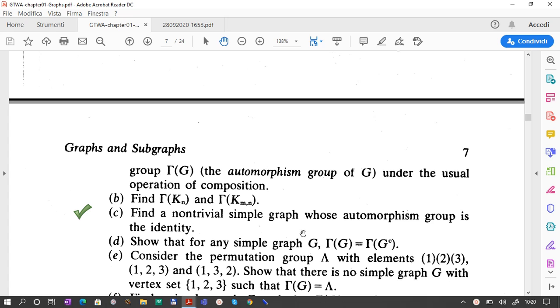Okay, so find the non-trivial. Non-trivial means at least two vertices. Simple graph. Simple means no multiple edges, no loops. Whose automorphism group, what is the automorphism group?